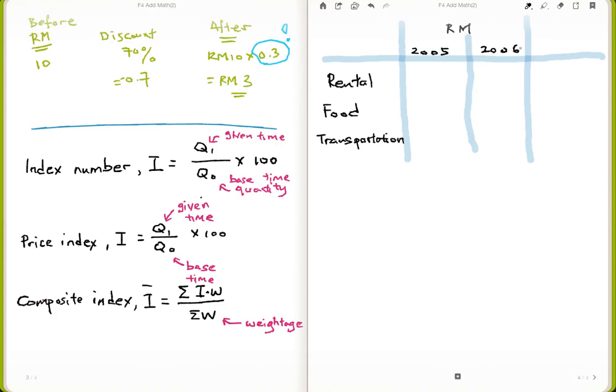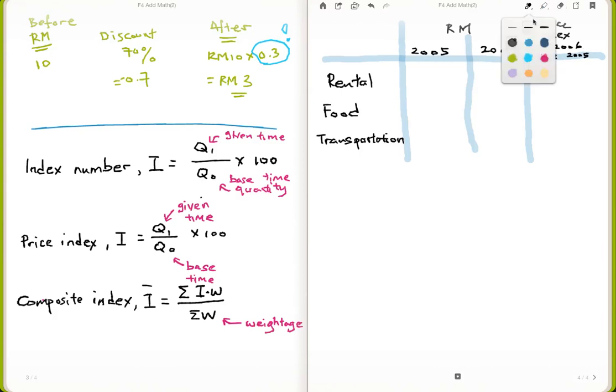So obviously it will be a price index. And here the important part, the price index in 2006 based in 2005. Now what does it mean?